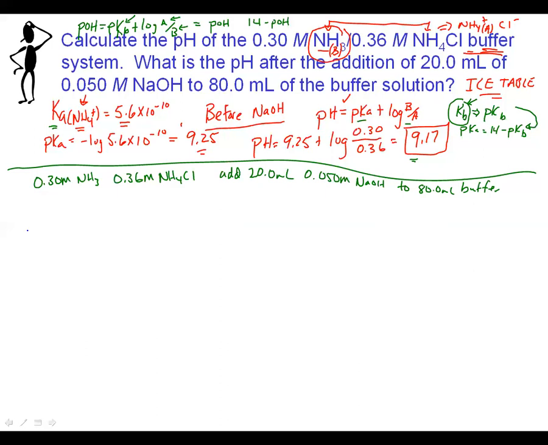So when we add our sodium hydroxide, it is going to react with, there's two parts to the buffer. There's again the base part, which is this guy. And there's the acid part, which is this guy. And when we do this reaction, obviously sodium hydroxide is a strong base.